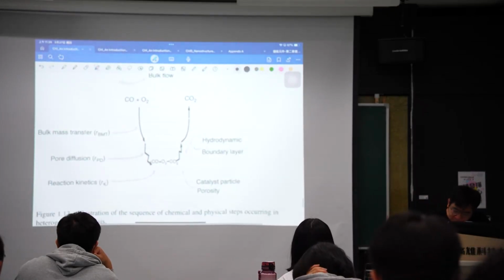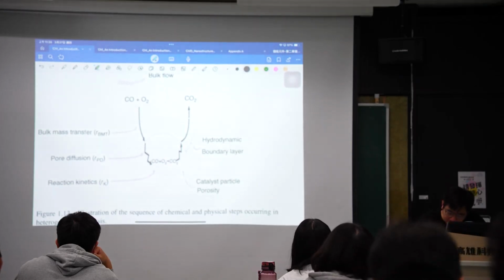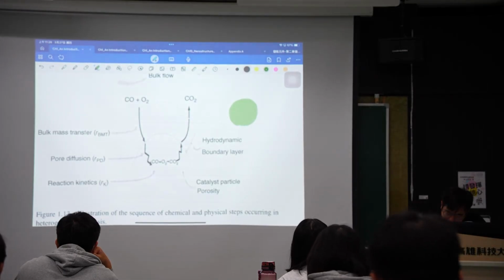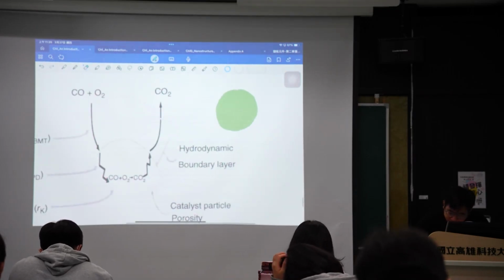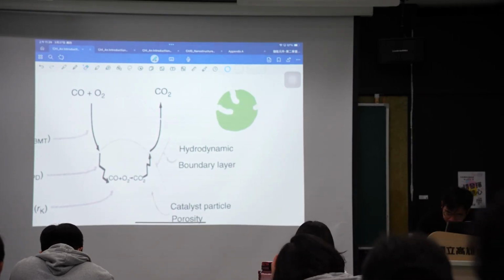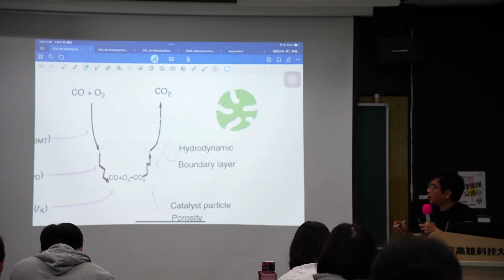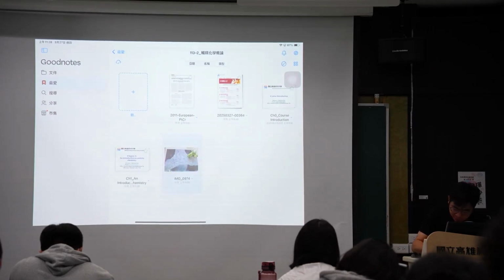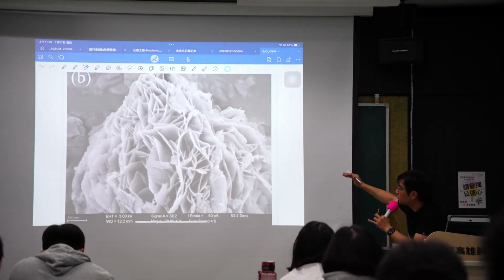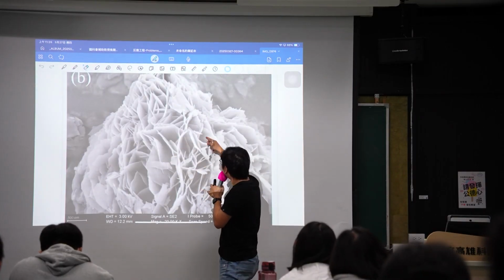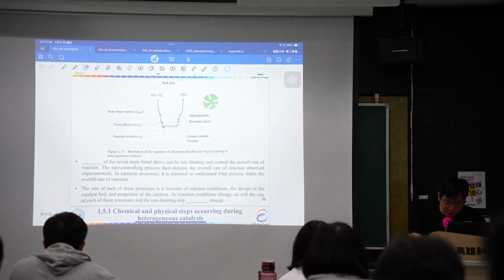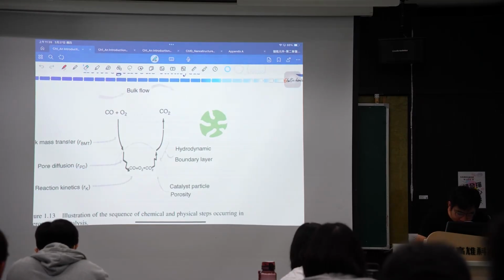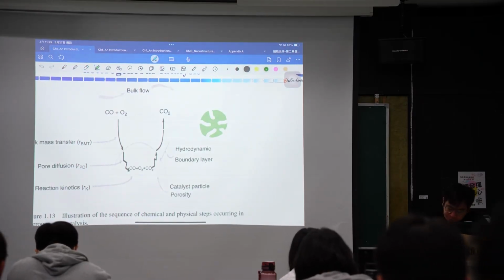Let me draw a diagram for everyone. This is the catalyst. This is a spherical catalyst. You have a pore, like this one.